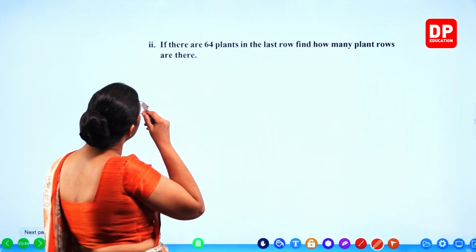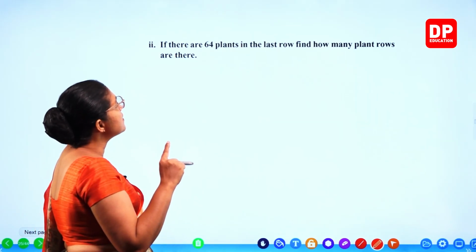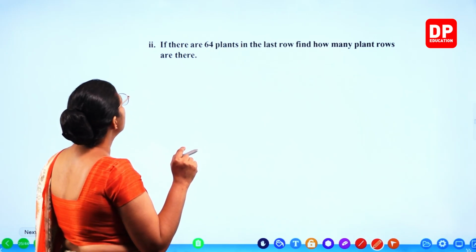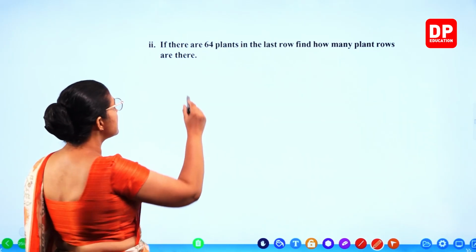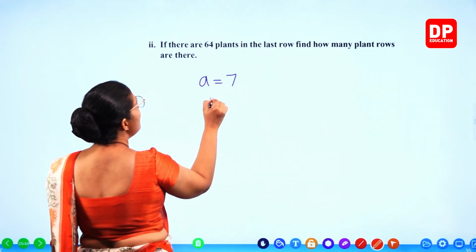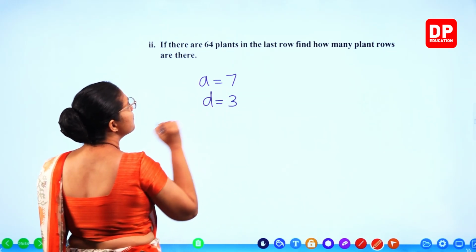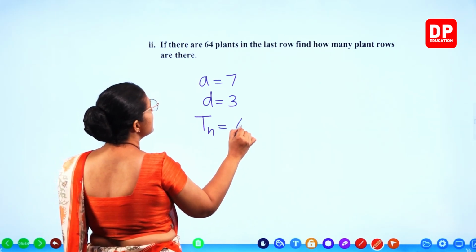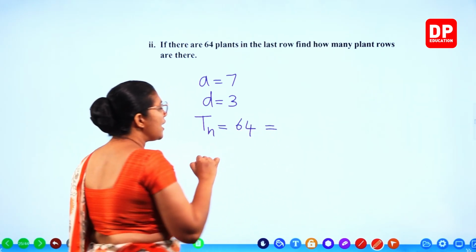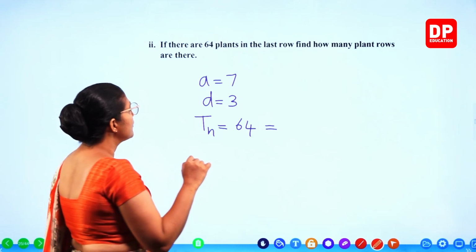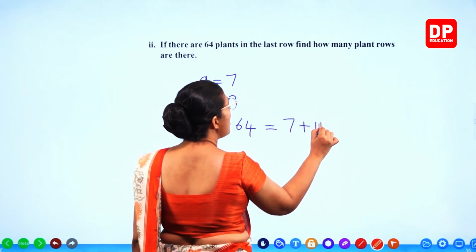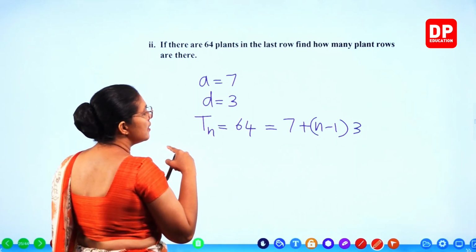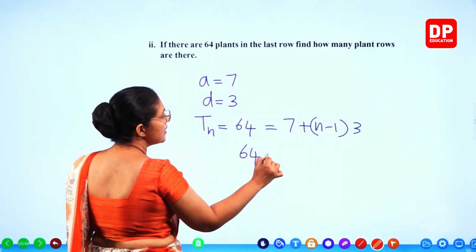Then it says if there are 64 plants in the last row, how many plant rows are there? First term is 7 and we found d equals 3. Last term, nth term is 64. How can you write down the last term? First term plus n minus 1 d. d is 3. You can solve and find n.